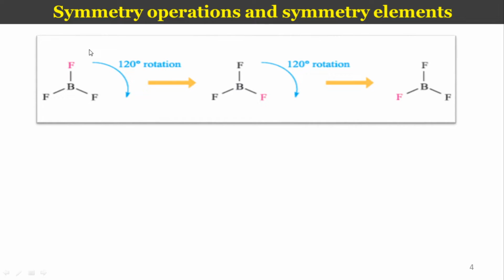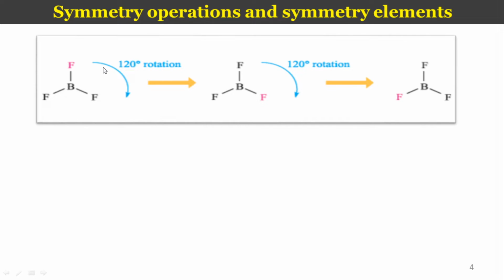Now pass the axis through the boron atom and just rotate that molecule. This is the fluorine which gets rotated. See the color of that fluorine. After 120 degree rotation, the fluorine will change its position to here. Again after 120 degree rotation you will get here, and after another 120 degree rotation you finally get the identical structure.